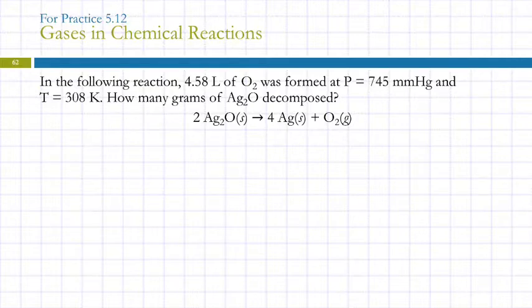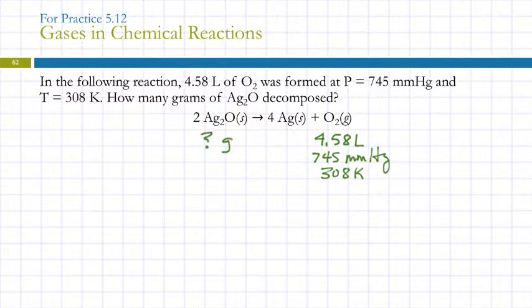It says 4.58 liters of oxygen, the pressure is 745 millimeters of mercury, and the temperature is 308 Kelvin. The question is, how many grams of that reacted, decomposed?